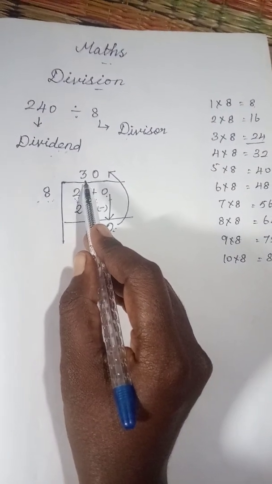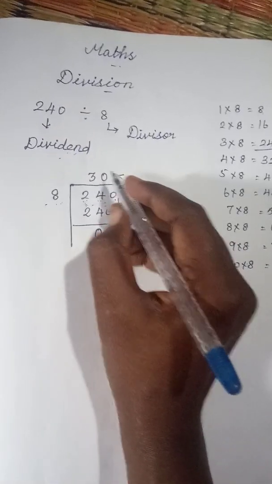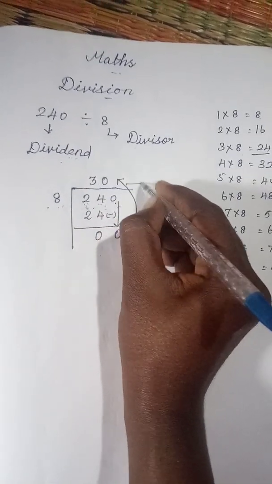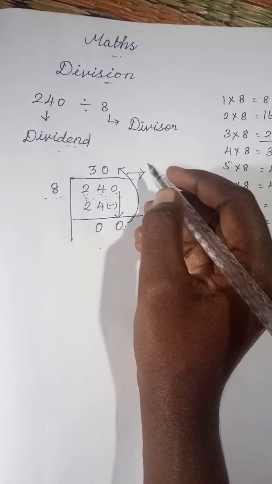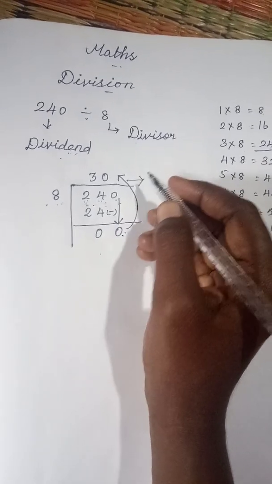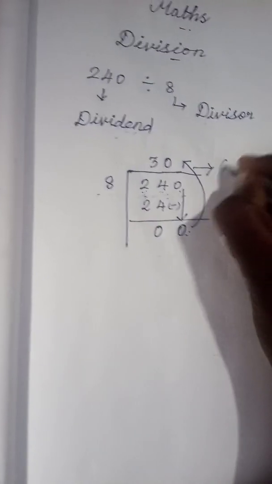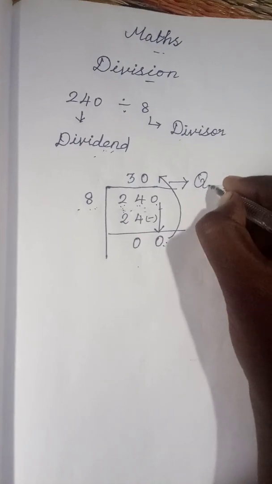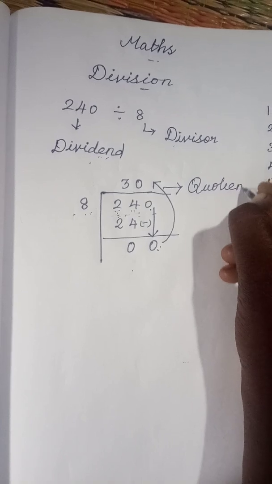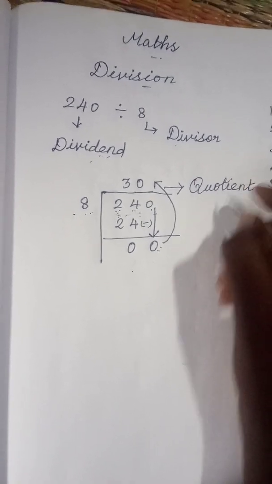Now this 3 becomes 30. What is on the top is called the quotient. Q-U-O-T-I-E-N-T.